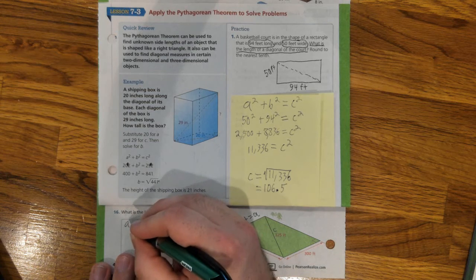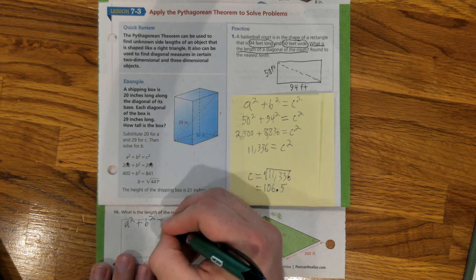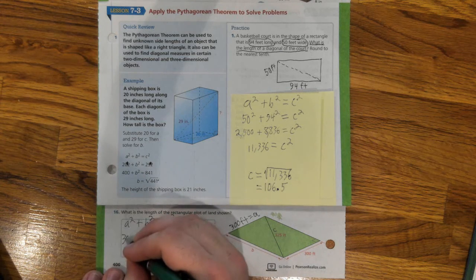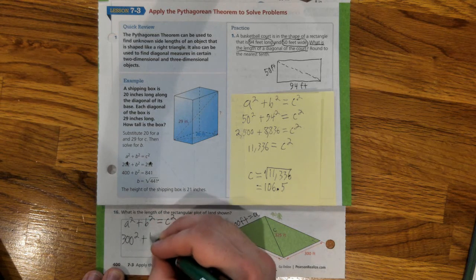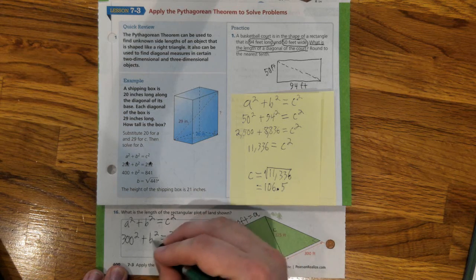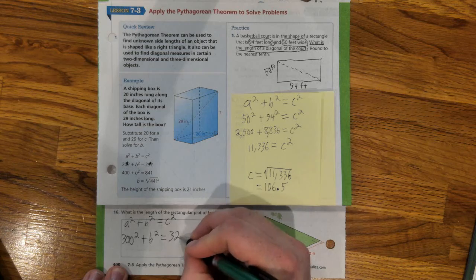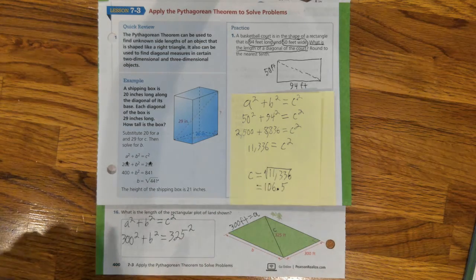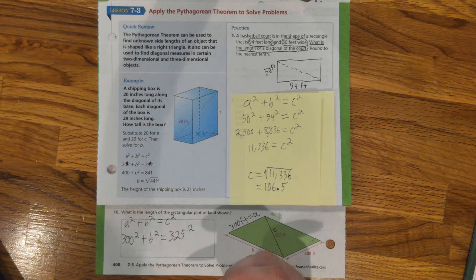Again, I'm going to use that Pythagorean theorem. I'm going to plug in my values here. So you'll notice that I'm going to keep the letter B here because that's what I'm looking for. Just like before, you're going to want to square these values.